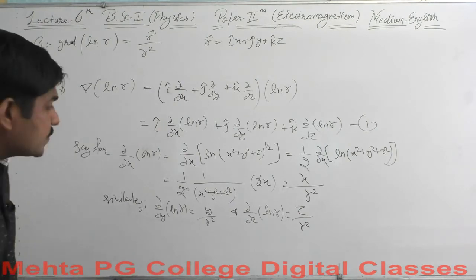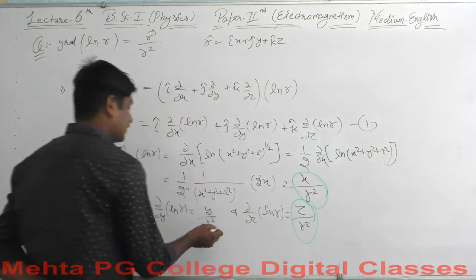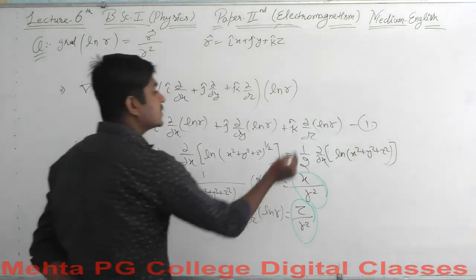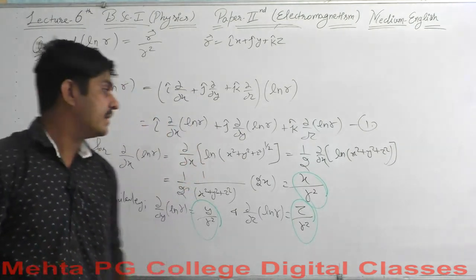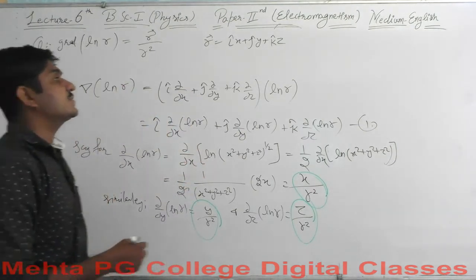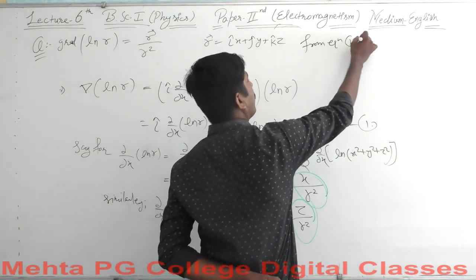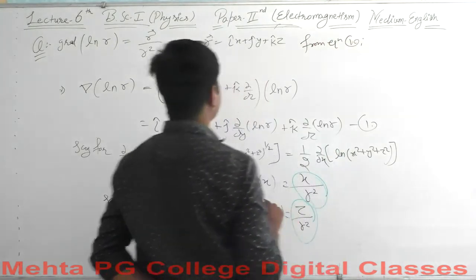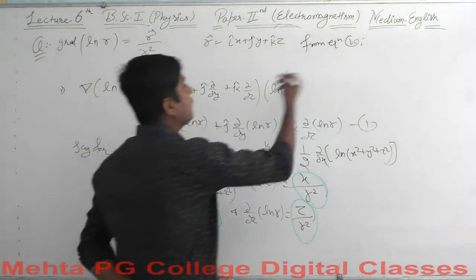Now we are supposed to put all these three values into equation 1, and let's find out what the result will be using equation 1. This is equation 1.